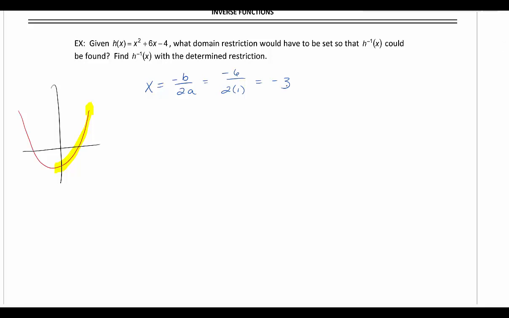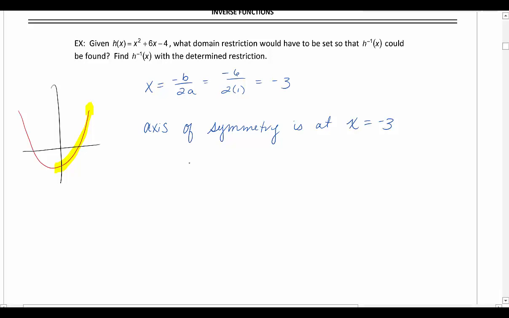So that means that our axis of symmetry is at x equals negative 3. We don't actually need to find the y-coordinate of the vertex. We just need to know where the split is, and that split's happening at x equals negative 3.